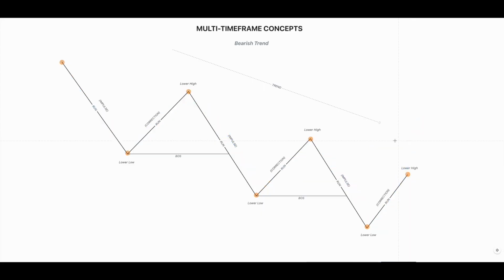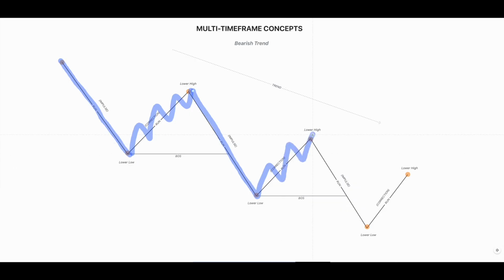Now, this trend is made up of a series of runs moving with trend and runs moving against trend. So these runs can also be seen as impulse and corrections, as in a bearish trend, we will typically see fast moving, strong, impulsive moves to the downside, right, with trend, followed by slower corrective pullbacks, which are obviously against trend, followed by stronger impulsive moves to the downside with trend, followed by slower corrective pullbacks against trend.